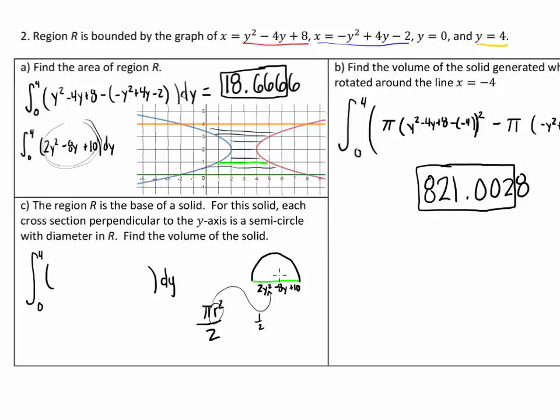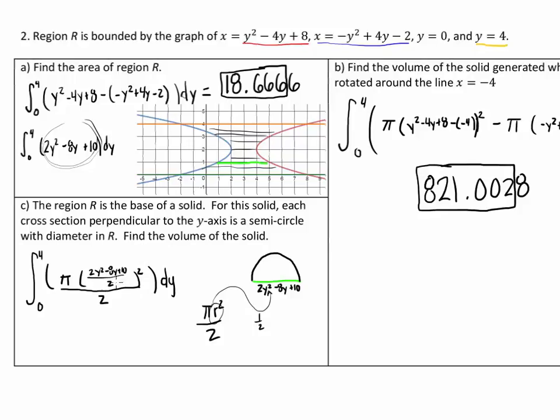And I want half of that because that's my radius. So the area of my semicircles is pi radius squared everything divided by 2. Okay, so my radius is, we could do 2y squared minus 8y plus 10 cut in half. And there's my equation.